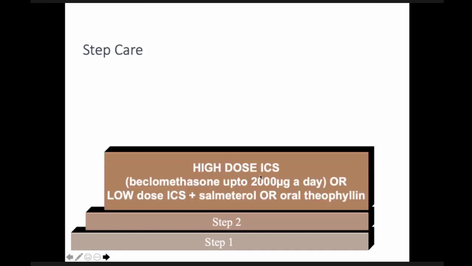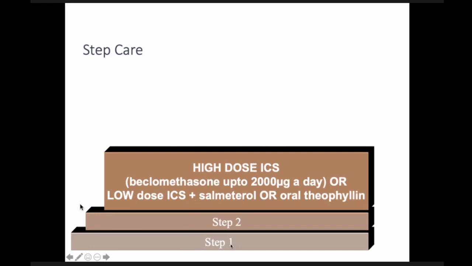If in steps 1 and 2 the asthma is not getting controlled, we have no option but to go into a high dose inhaled corticosteroid or add something like a long acting bronchodilator like salmeterol or formoterol. Now we never give salmeterol or formoterol or a long acting bronchodilator alone without a steroid in these early steps.